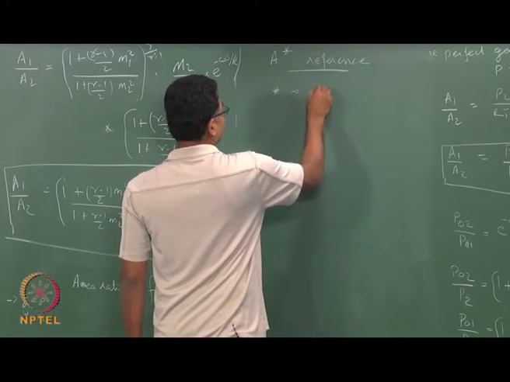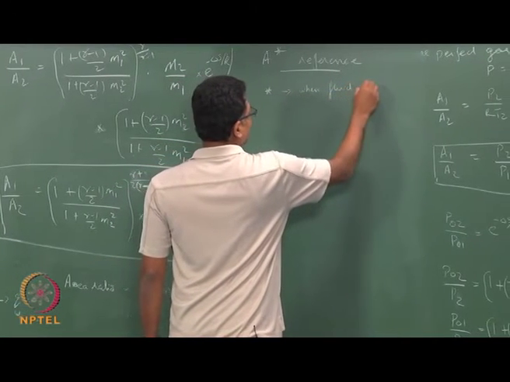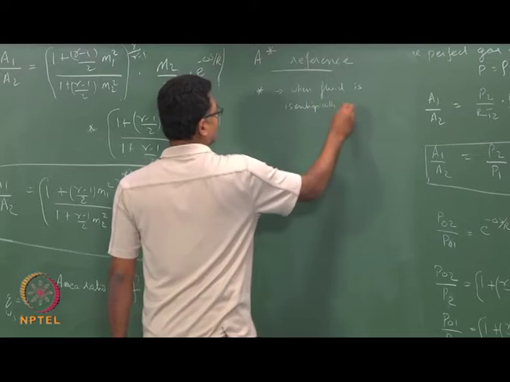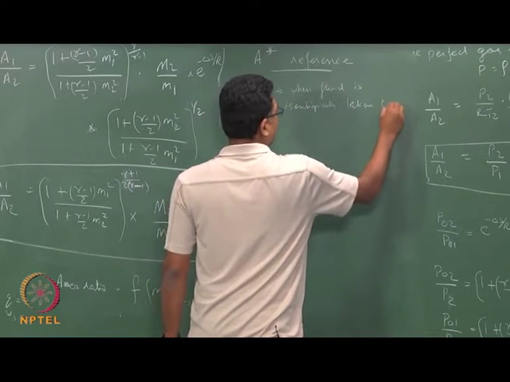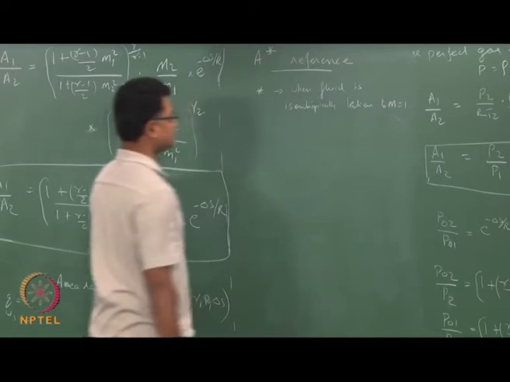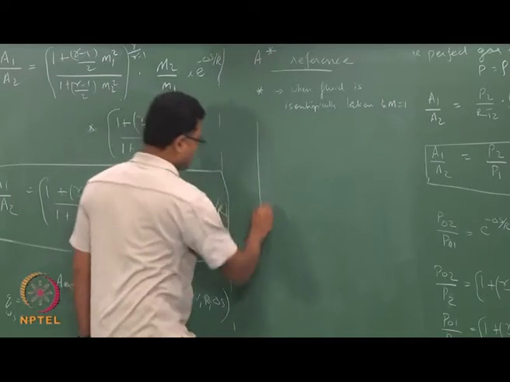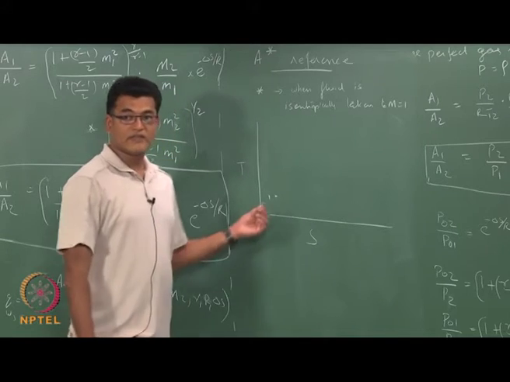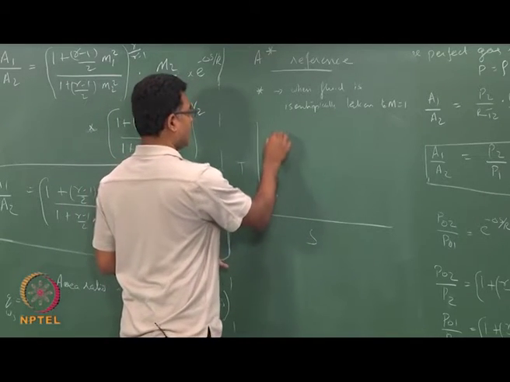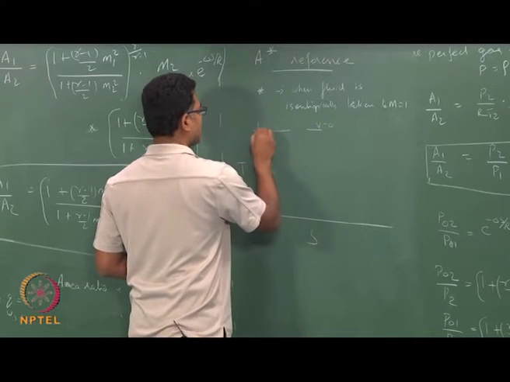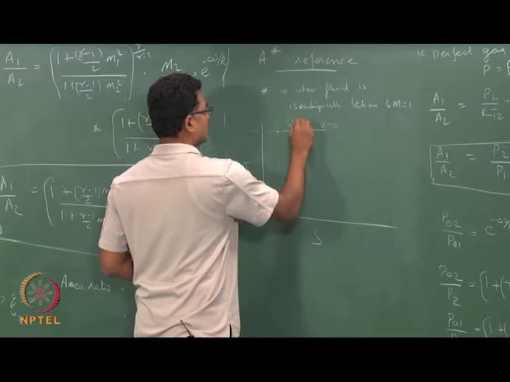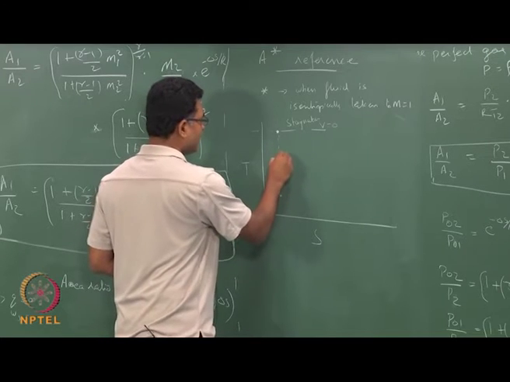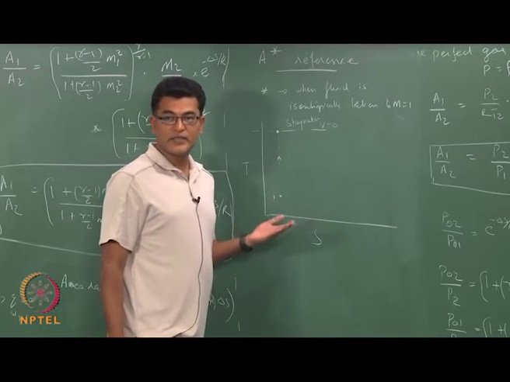Star condition is when fluid is isentropically taken to M equals 1 condition, which means in the T-S diagram, from point 1, so I have a state 1, I take it to velocity 0, which is my stagnation point.